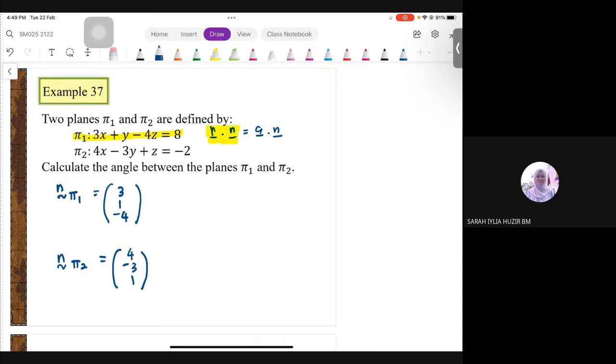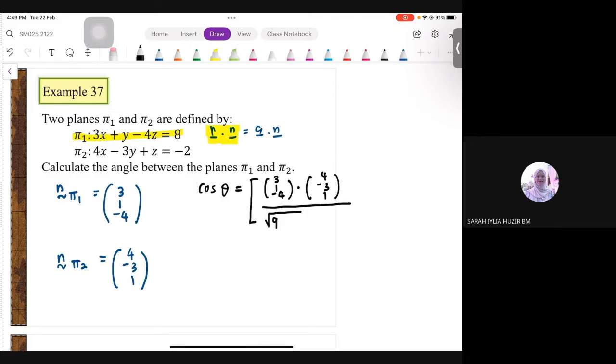Once we obtain the normal vectors, we may straight away find the angle. Using the formula, cos theta is the dot product between those two vectors. So I perform 3, 1, negative 4 dot with 4, negative 3, 1 and then divide by its magnitude.